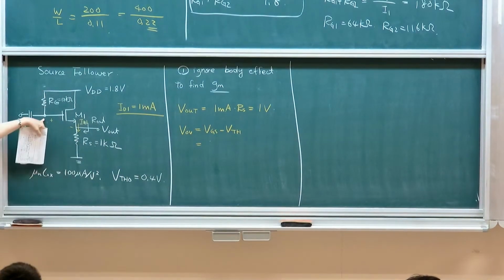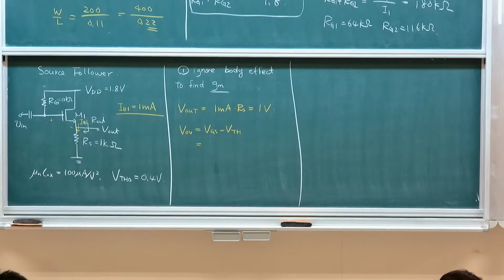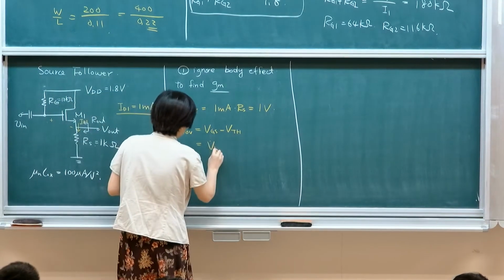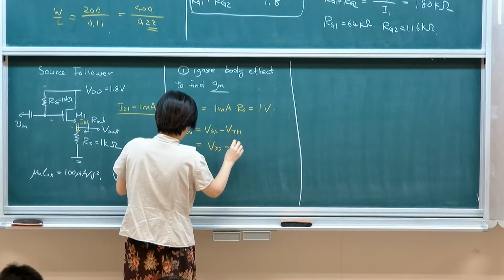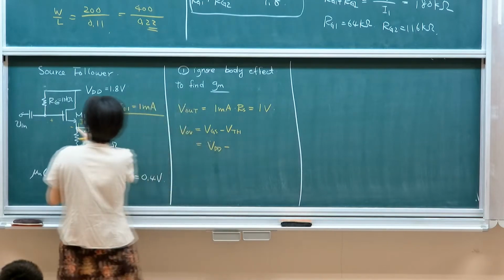what is your gate voltage? Anyone knows? What is the gate voltage at steady state? VG. What is it? No one knows. DC, this is open. Is there current on the resistor? No, therefore this voltage is 1.8, VDD, minus source voltage.